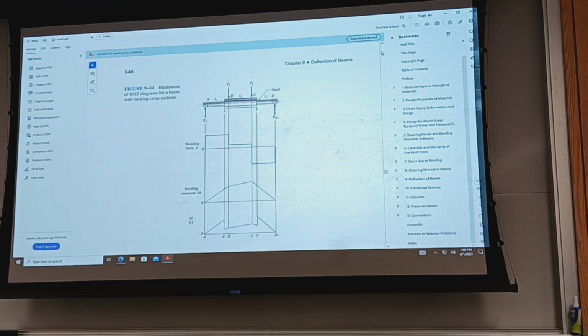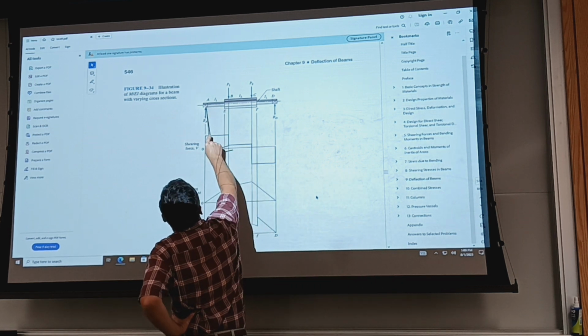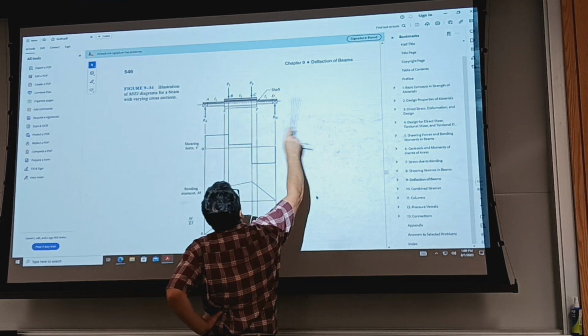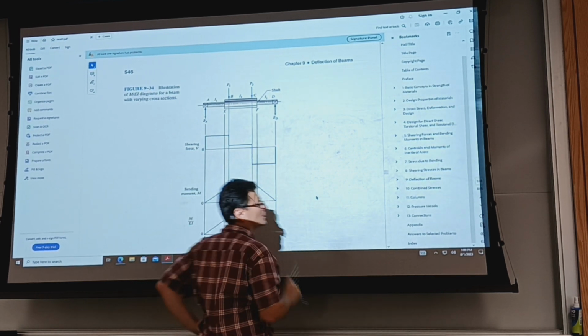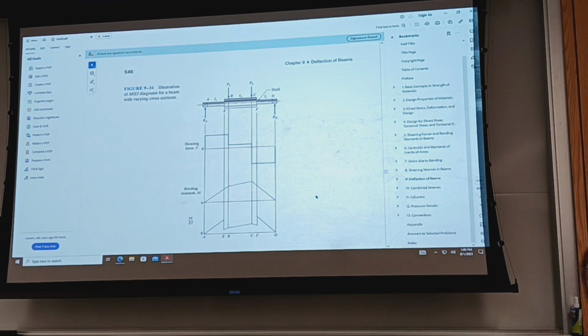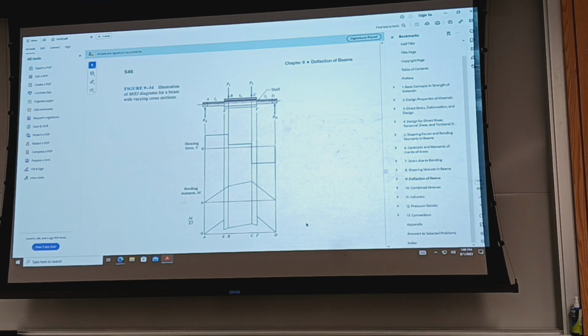You can have shafts that are stepped or fabricated beams where the moment of inertia changes along the beam. So you start with x at 0 going to full length. So it's one moment of inertia here, a different one, then it comes back to the original one. Yeah, that needs to be accounted for.